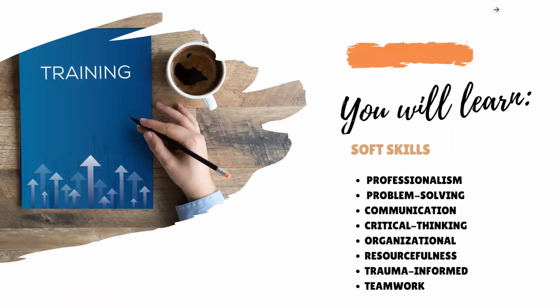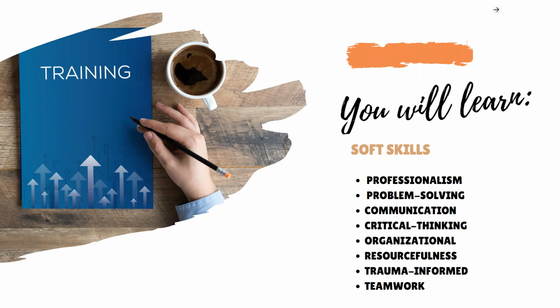Okay, so what you will learn in the training are soft skills. And soft skills are skills like, for example, here we have professionalism, how to be maybe a little bit more formal, like you would be in an office, not like, what's up, man? So we would do a little bit more like, how are you?